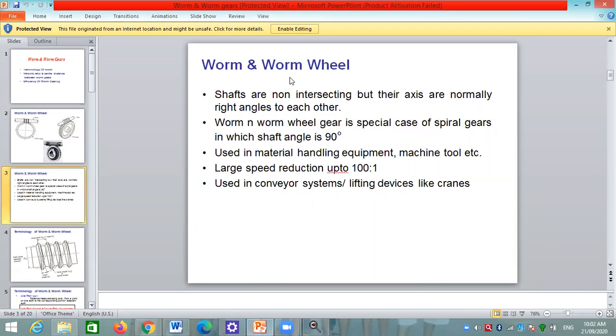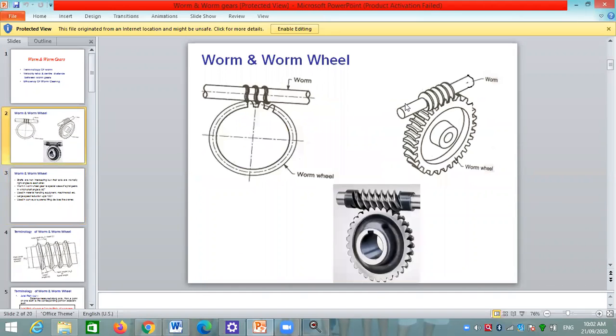Worm and wormwheel is used when the shafts are non-intersecting but their axes are normally at right angles to each other. If we see here, this is the axis of the worm and this is the axis of the gear. These two axes never meet each other because there is some distance between these two gears.